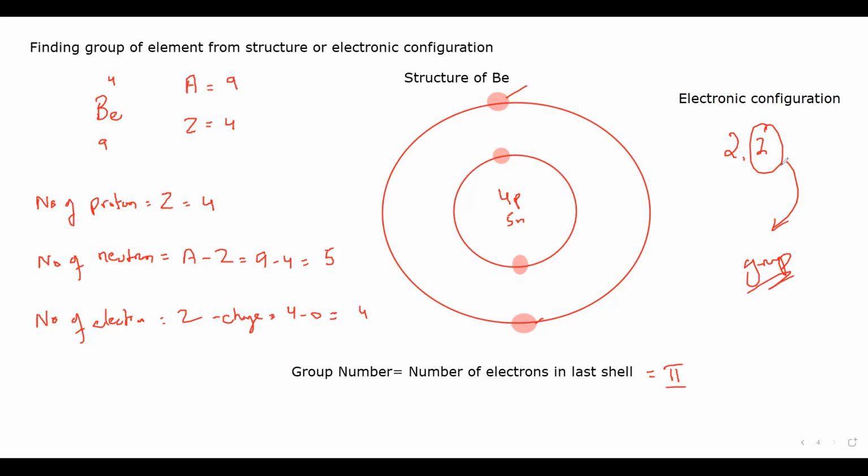Is it clear how we work out? So using a periodic table directly we can say the group number, but if structure is given we can also work out the group number.